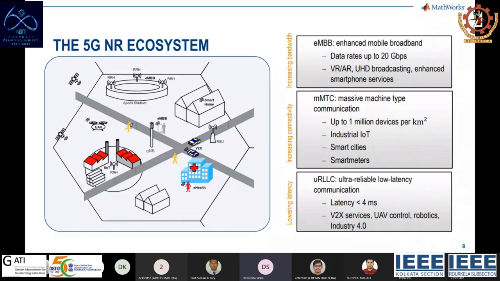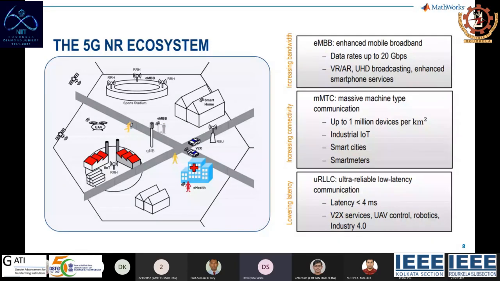Next, coming to MMTC, that is massive machine type communication. It will connect a huge number of machines together so that they can communicate among each other, send messages, feedback, and make a whole autonomous system by itself. It is promising 1 million devices per square kilometer, and that will help in building industrial automation, industrial IoT, smart cities, and so on.